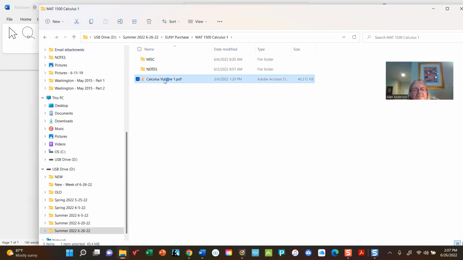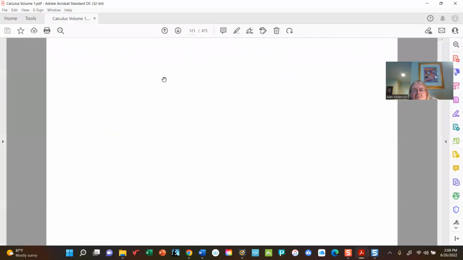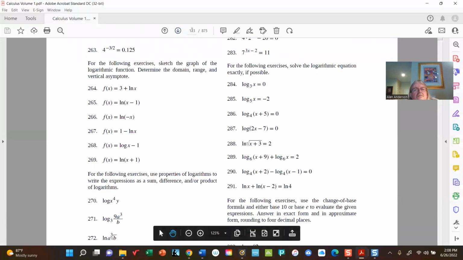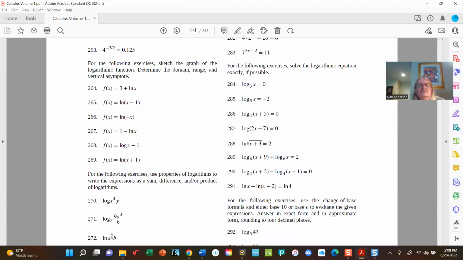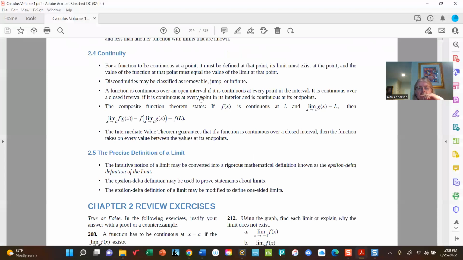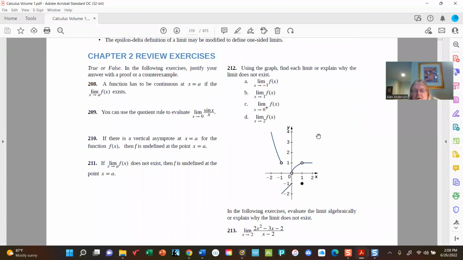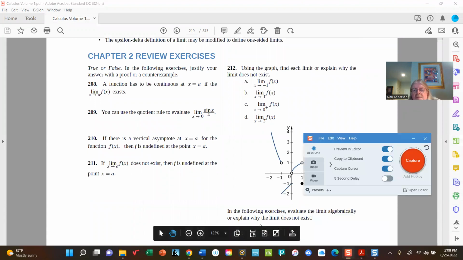Here we go. Yep, here it is. Okay, you see what I mean? It's a very tricky little graph, which I will not attempt to draw.